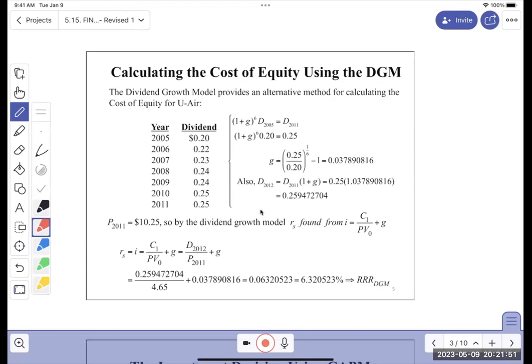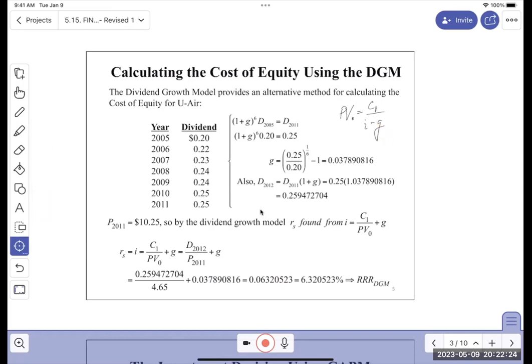I assume that there's a constant level of growth in the dividends, right? And I assume that dividends are forever. So I'm using the variation on the growing perpetuity formula, or an application of the growing perpetuity formula, to do that. So I need to find g.